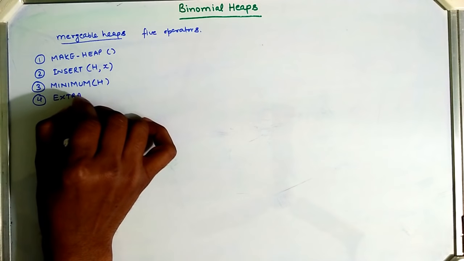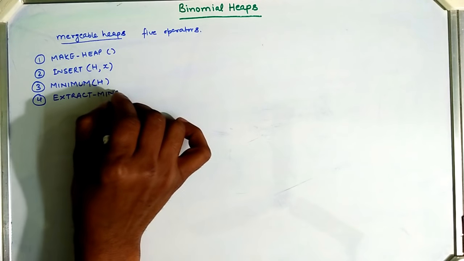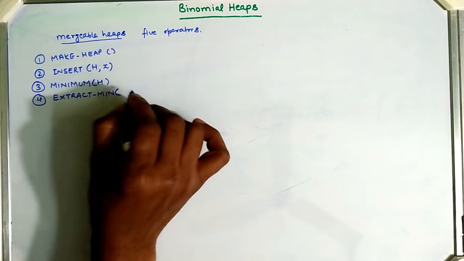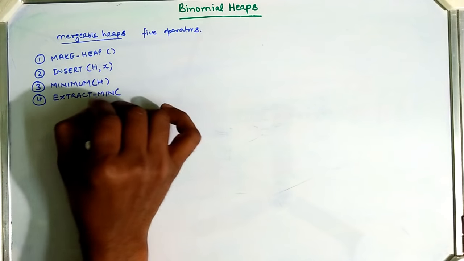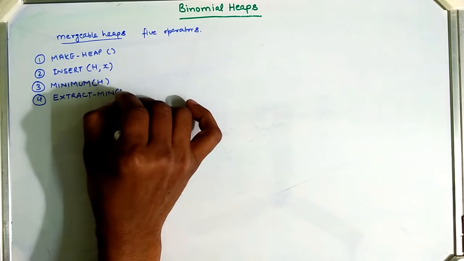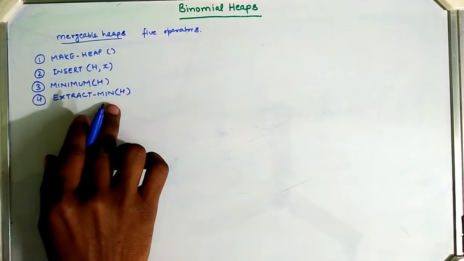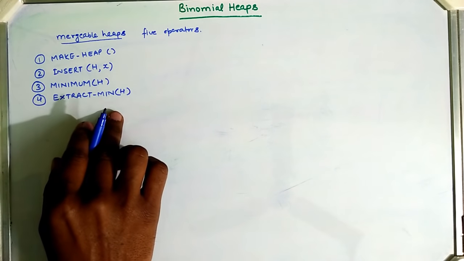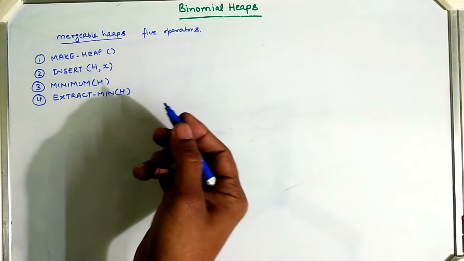I consider here the min heap in order to implement the mergeable heap using binomial heaps, so I follow the extract min property. The extract min deletes the node from the heap whose key is minimum, and it will return a pointer to the node.